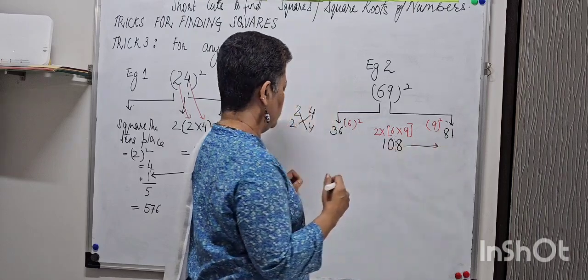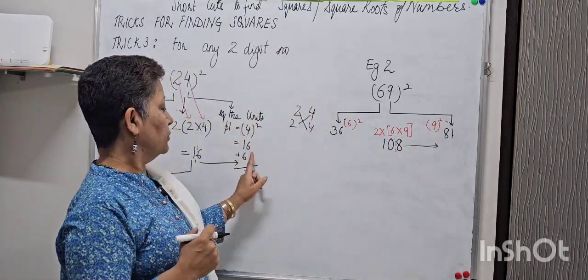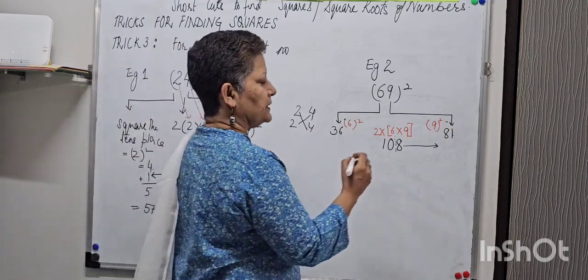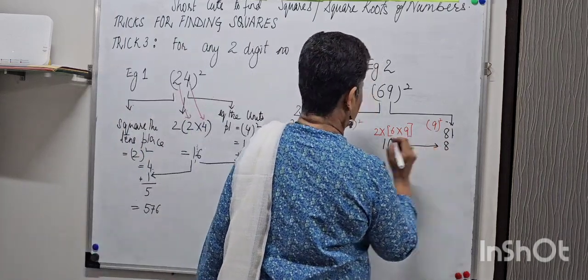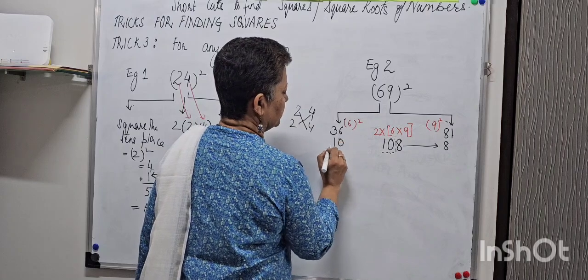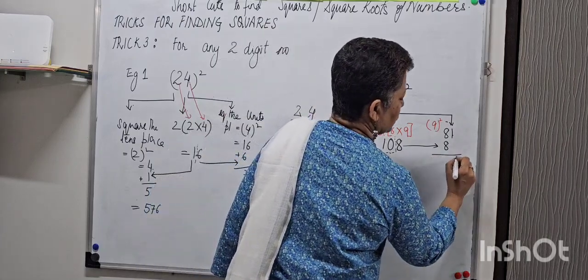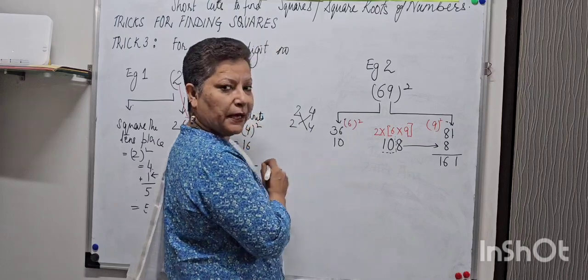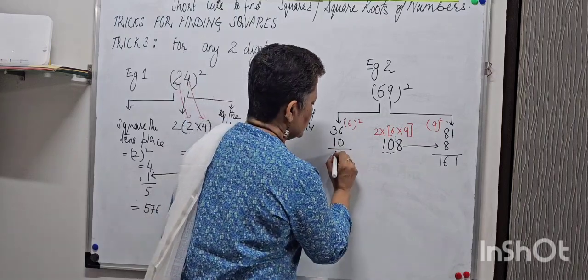And as I told you, I'm not going to be adding it to the ones place. I'm going to be adding it to the tens place. So this 8 gets added here, and the 10, which is the balance part, gets added here. This becomes 1, 8 plus 8 is 16, and this 36 plus 10 becomes 46.